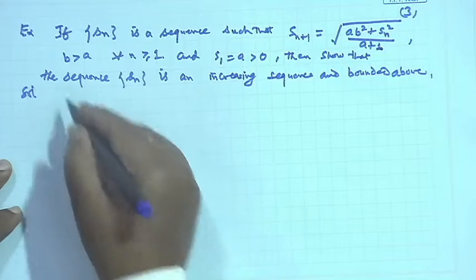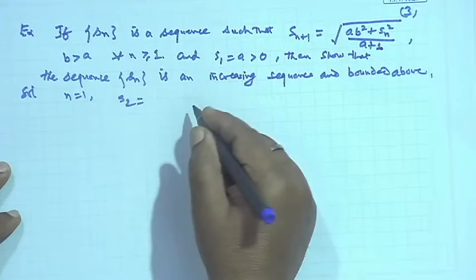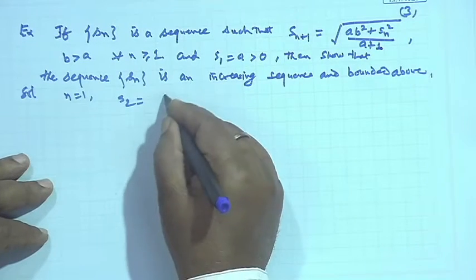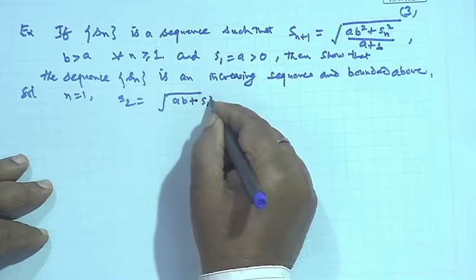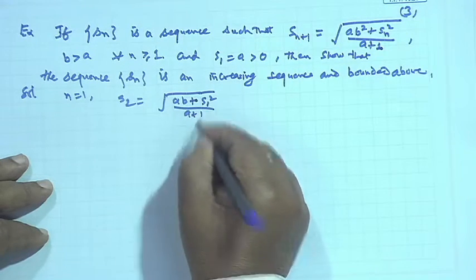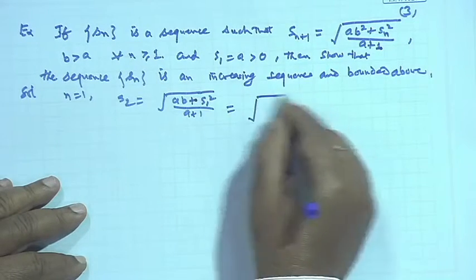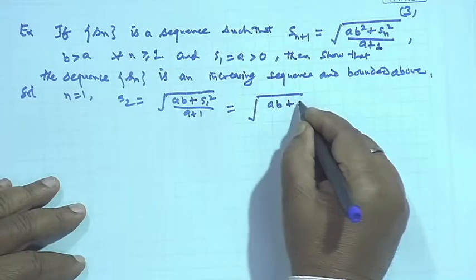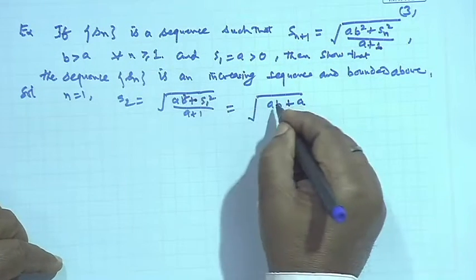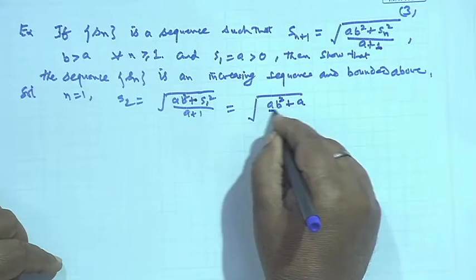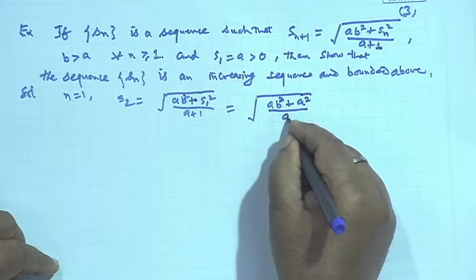So, let us consider n equal to 1. The S2, from the given formula, comes out to be the square root of (AB square plus S1 square) divided by (A plus 1). Now, S1 is given to be A. So, S2 is the square root of (AB square plus A square) divided by (A plus 1).